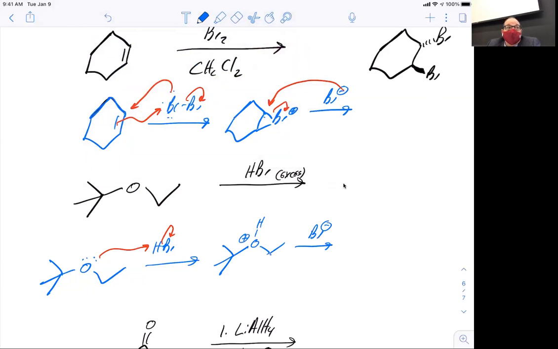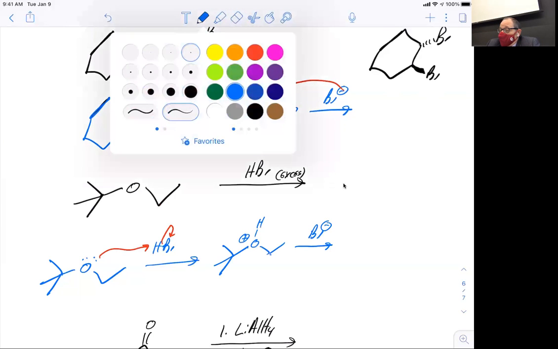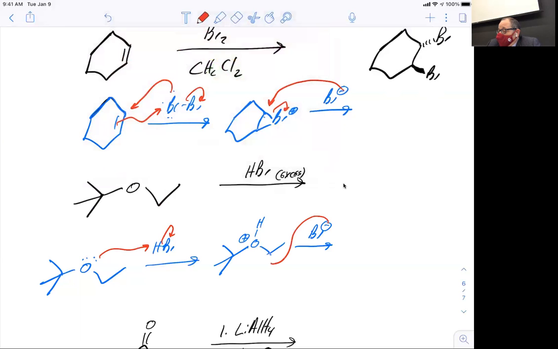Now, if one of those two sides can do an SN2 style attack, that's the one that's going to react first. So we do have a primary here. Okay, so we get the bromine. That's one of our two products.